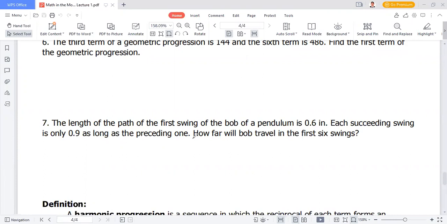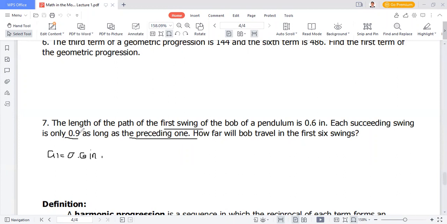So ito, meron tayong a sub 1, the length of the path of the first swing. Yung unang swing niya ay 0.6 inches. So yun yung a sub 1 natin. Yung sumunod na swing daw ay 0.9 lang nung preceding one. So meaning itong 0.9 na to yung nagsisilbing common ratio niya.